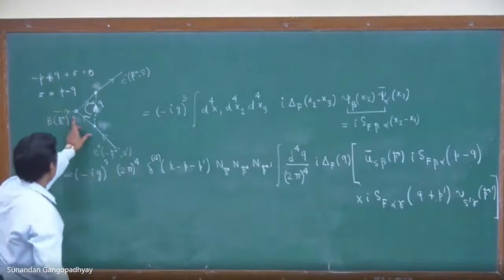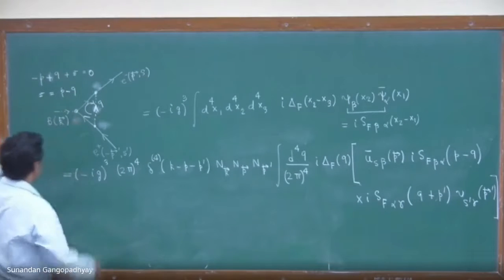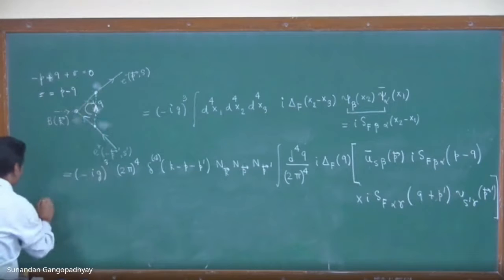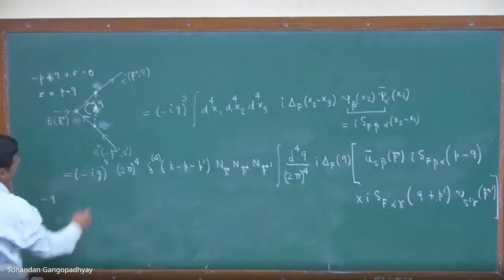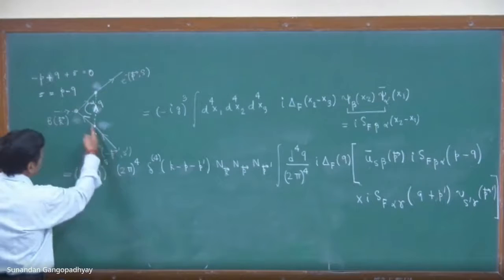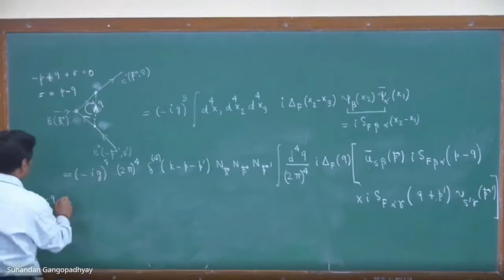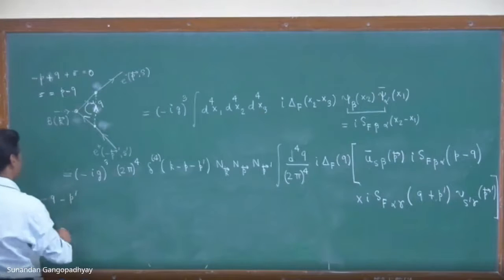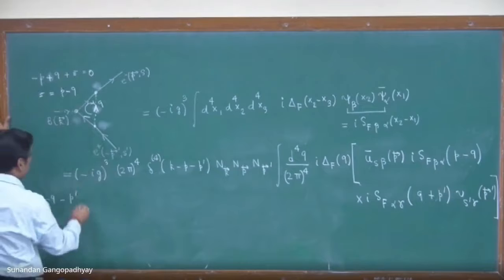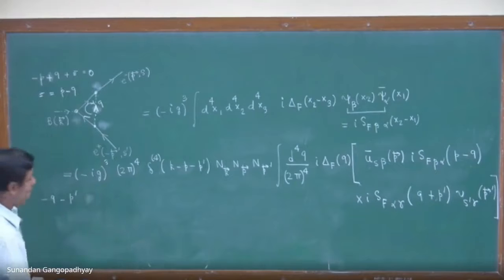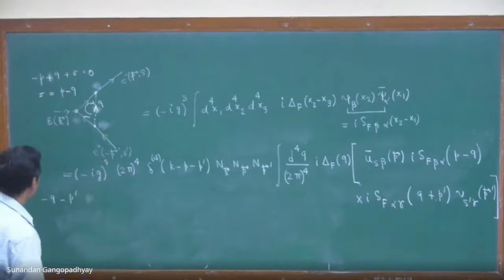And similarly now you can estimate what this is. This one will be what? This Q is going away, so this is minus Q. So here also P prime is going away, so it will be minus P prime. This is also going away, so if I call this as, which one?